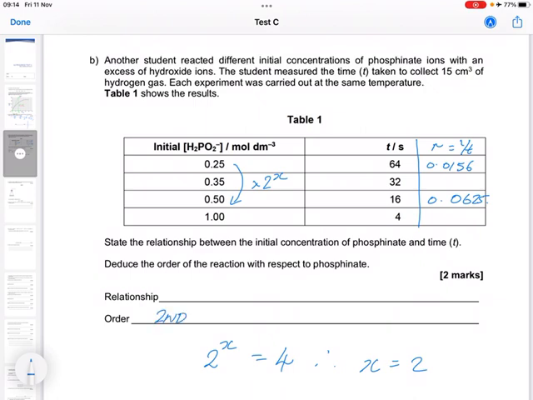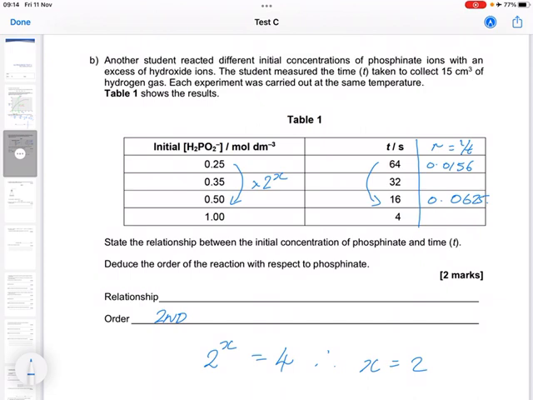The other way that you could do it is you could look at the times, and you could say, well, the concentration has doubled, the time has gone down by a quarter, which means obviously the rate has gone up by 4, if you wanted to argue it that way. But sometimes it's just easier to look at these. So what we need to do here is state the relationship between the initial concentration and time.